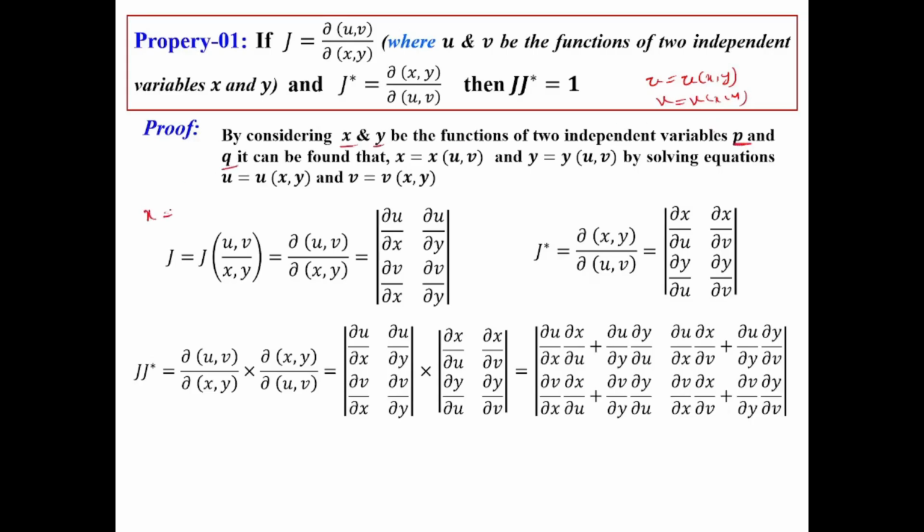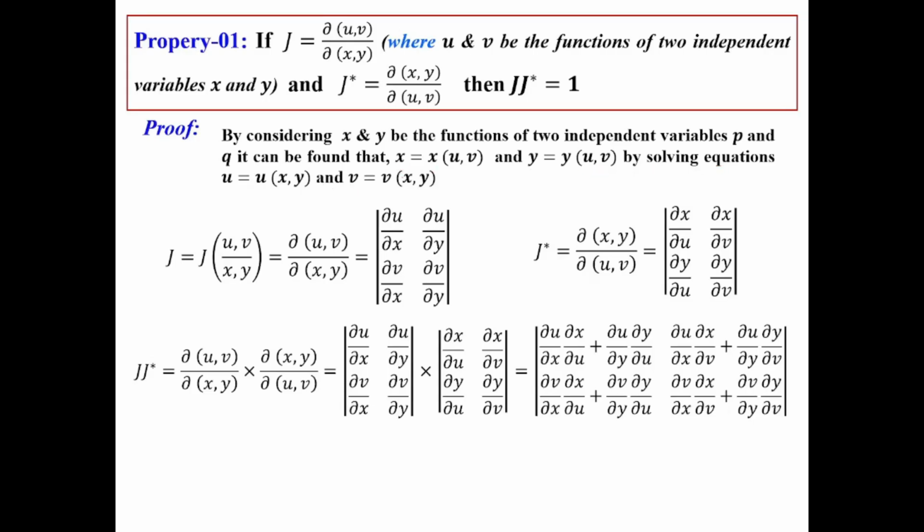Here x is the function of p and q, y is the function of p and q. It can be found that x is the function of u, v and y is also a function of u, v by solving the equations u equals u(x,y) and v equals v(x,y).